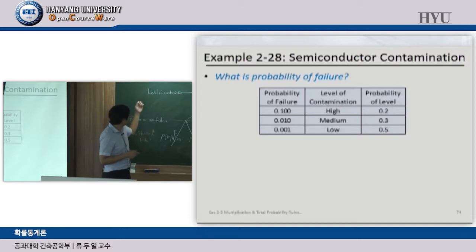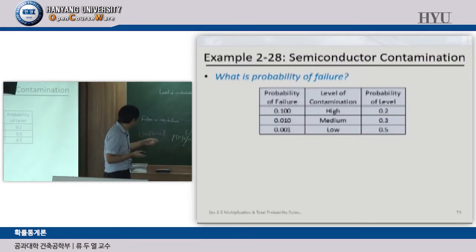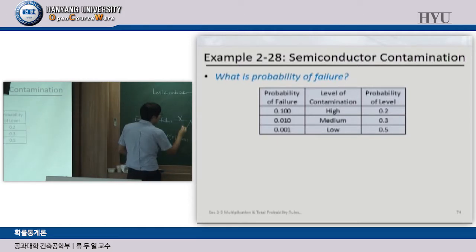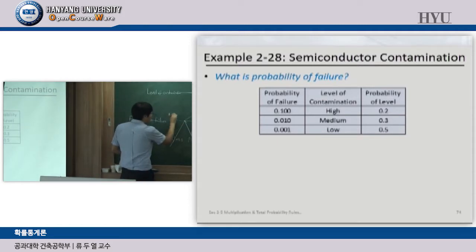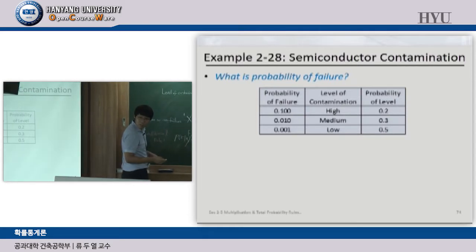In this case, we have to obtain the high level of contamination at the first time, right? And we have to obtain the failure, right? So this should be connected as AND condition. AND condition can be calculated by the multiplication, right?